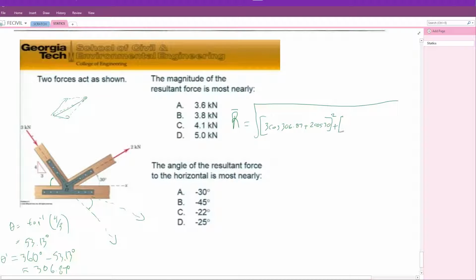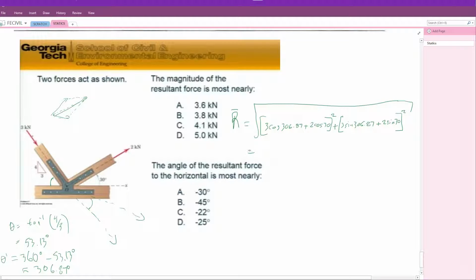The y component is going to be again 3 sine 306.87 plus 2 sine of 30 degrees, which is just 0.5. If you've done these problems a lot, you will know.